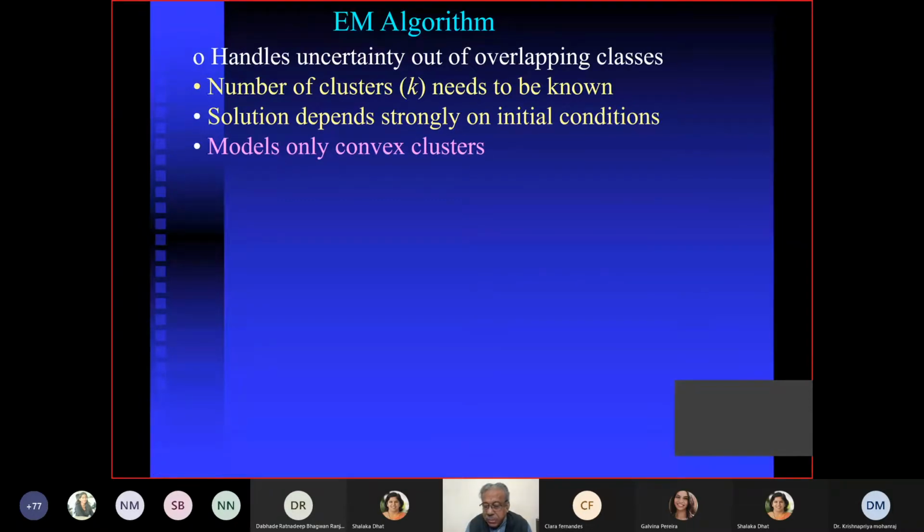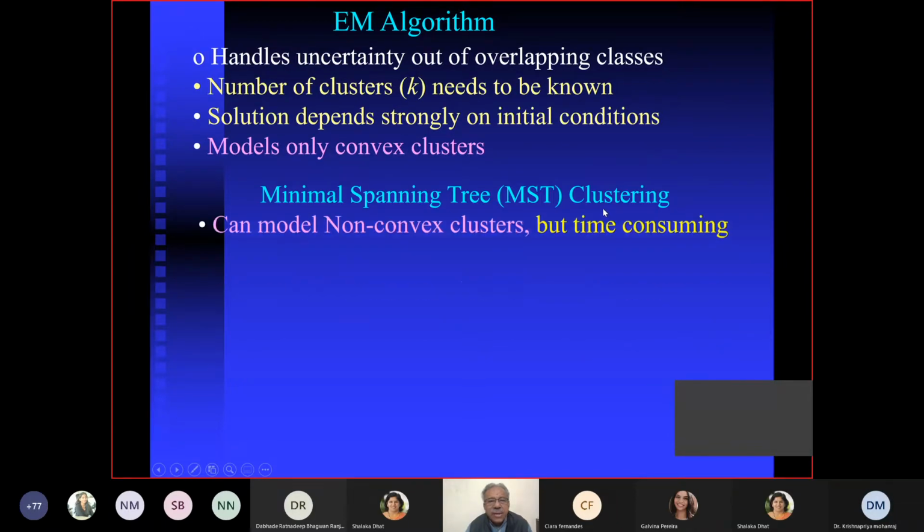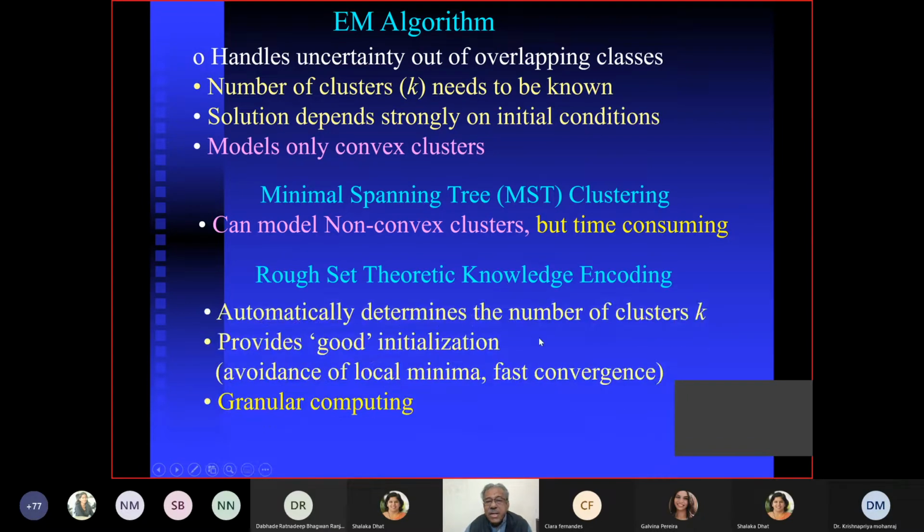Now we have the graph theoretic approach, minimal spanning tree clustering. What are the advantages? It can model non-convex clusters. That means any type of shape, irregular natural clusters. But it is very time consuming. On the other hand, rough set theory knowledge encoding, we have seen, can automatically detect the number K of clusters, because I have shown, given a data set, how to use rough set theory to find the number of regions, that is, the number of granules.